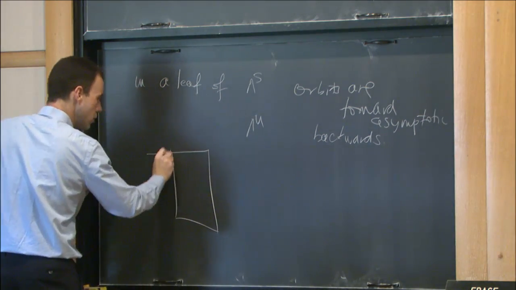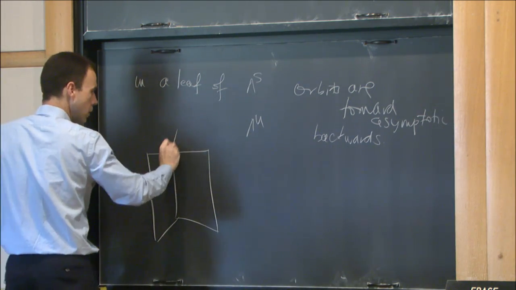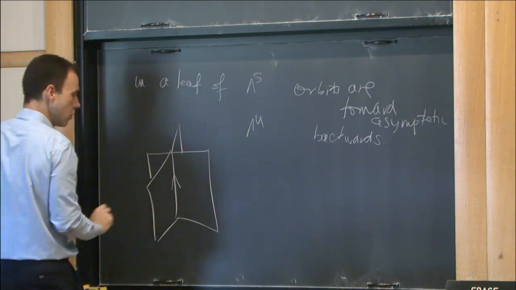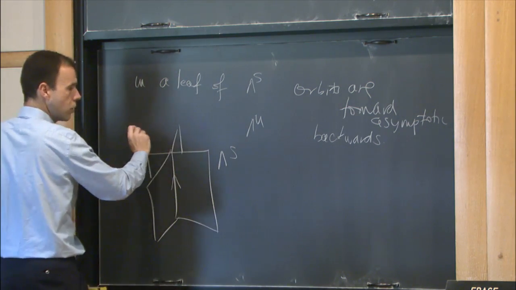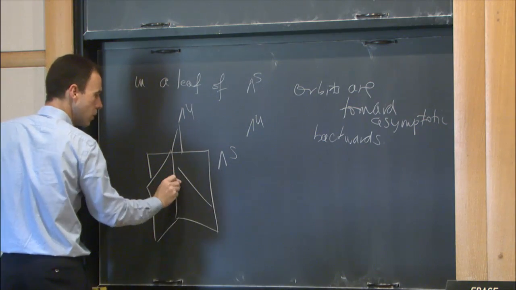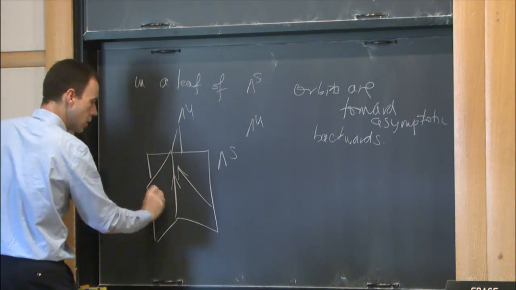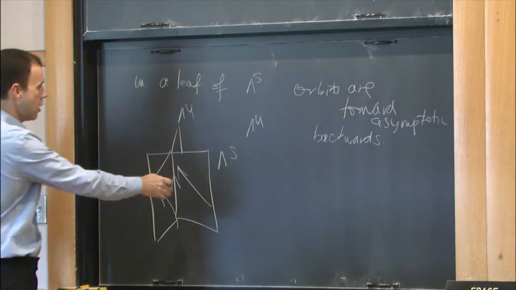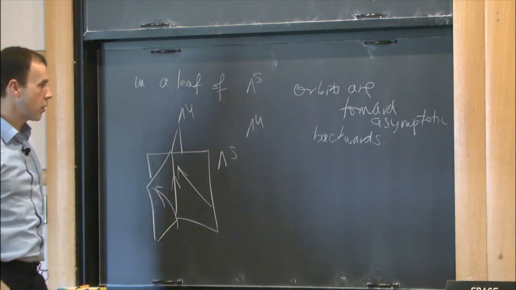And the local picture is this. So this is my orbit. This is local stable leaf, local unstable leaf. You're expecting the orbits to converge together in future time along the stable and diverge. So it's sort of like the saddle type picture. Okay?